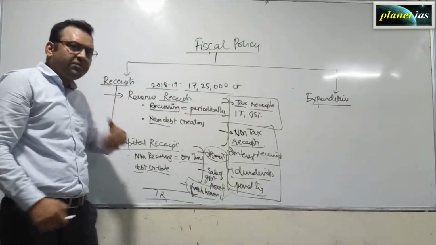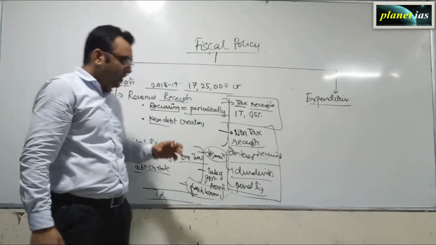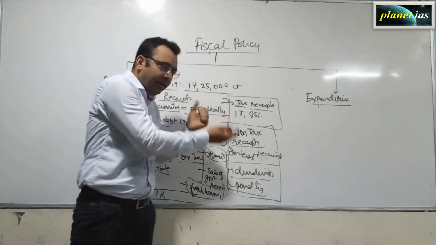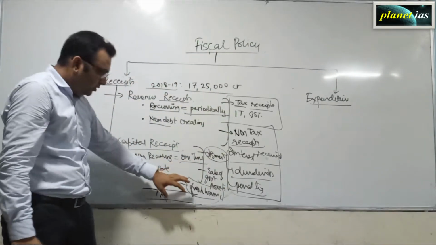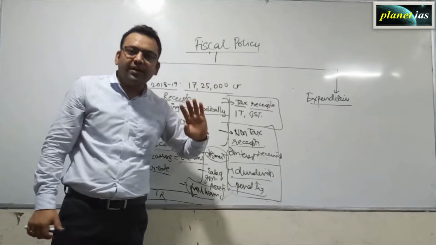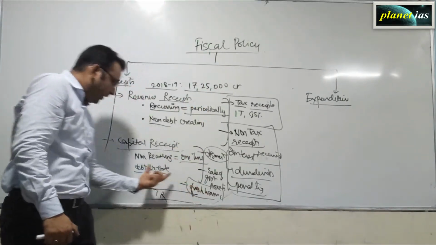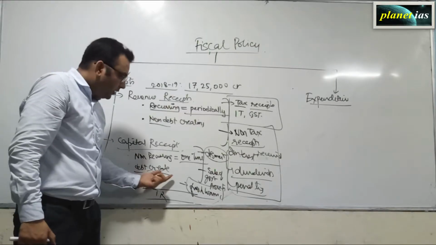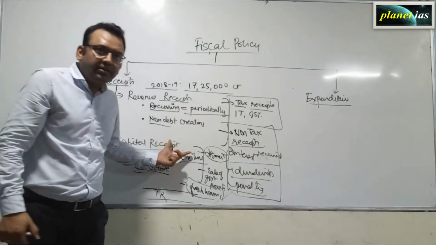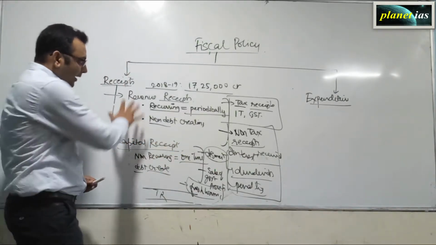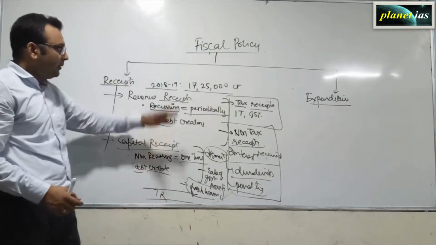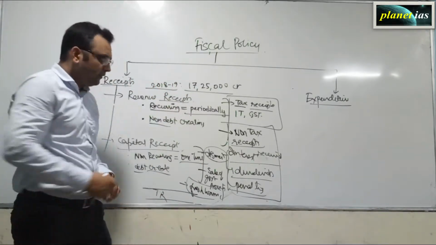The government borrows money from the market, right? Because it often has more expenditure and less receipts. So that loans cover the debt part of the government, right? So that loans create the debt to the government. So they come under the capital receipt of the government. Collectively, these items come under the receipts of the government.